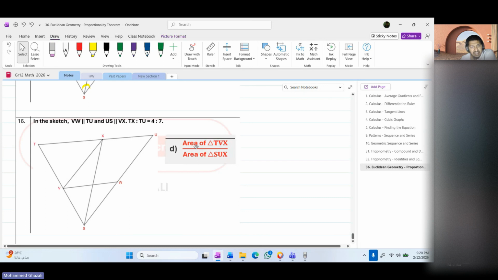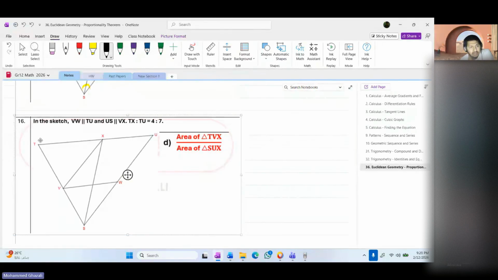Area of TVX, right? Area of TVX, which is this one, over area of SUX. SUX. How are you going to find this?